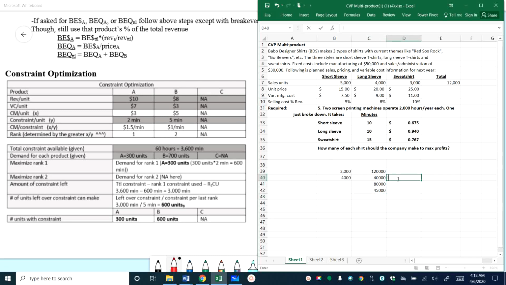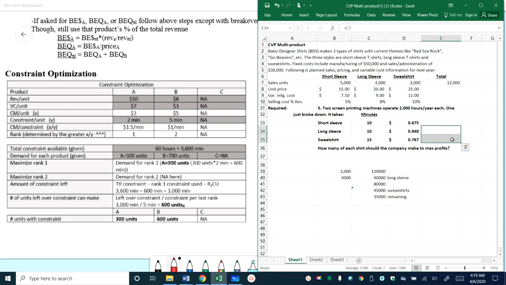Here, I'll write this out. Long sleeve, sweatshirts. So if we take our remaining 80,000 minus the now 45,000, then we have 35,000 minutes remaining. So we know how many we're making of these.